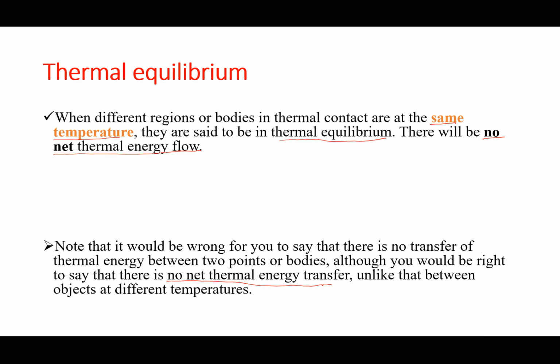Heat itself is a form of energy which can be transferred from a region of high temperature to a region of low temperature. Therefore, heat is a form of energy which only flows due to a difference in temperature. So there is a simple link and a simple contrast between the terms heat and temperature.